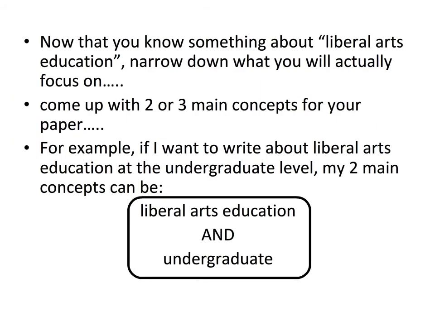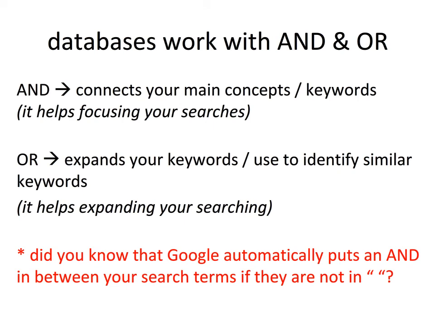Now that you know something about liberal arts education, try to narrow down what you will actually focus on. Come up with 2 or 3 main concepts for your paper. For example, if I want to write about liberal arts education at the undergraduate level, my 2 main concepts can be liberal arts education, in quotation, and undergraduate. The reason why I focused on saying and is because all the databases work with and or.